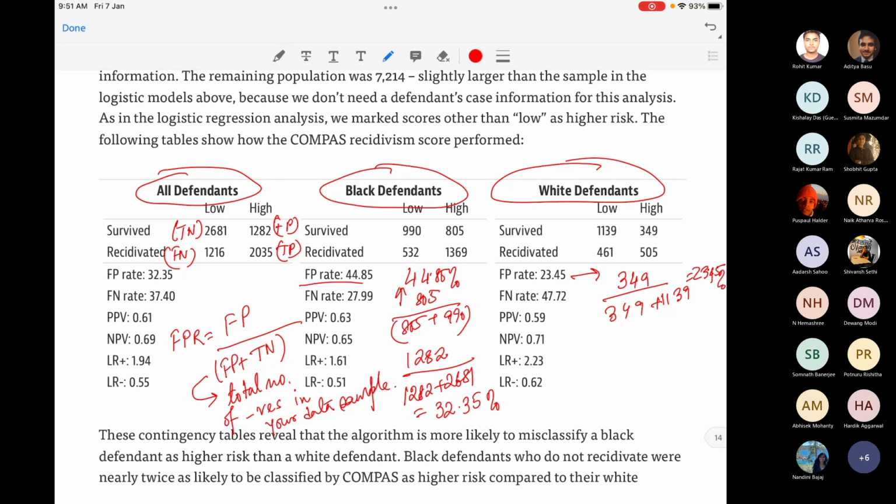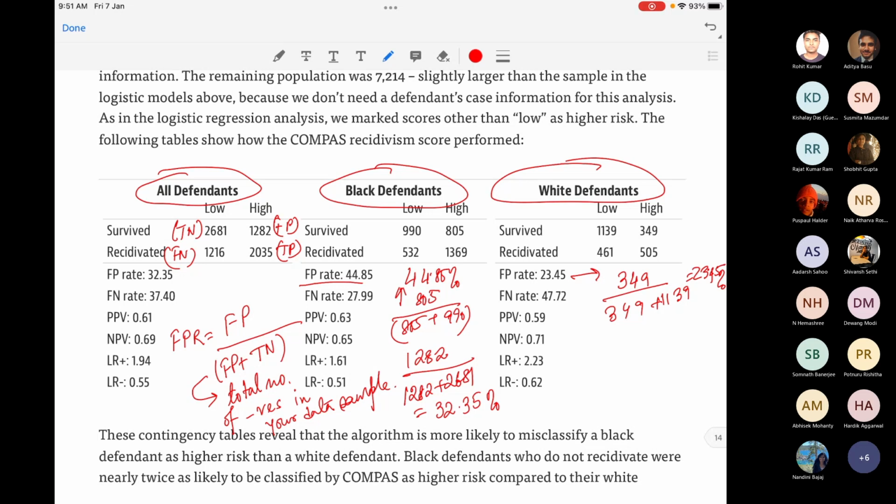Now, what is a quick observation from the false positive rates? Blacks are being misclassified more. The blacks are being much more misclassified than the whites. In fact, it is almost double the number of times.